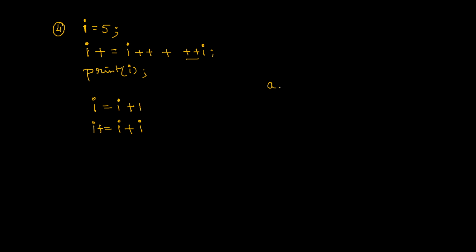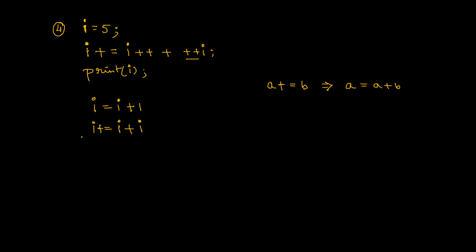Now A plus equal to B plus C. If I say, not B plus C, say B, what does it mean? We know that it means A equal to A plus B, as simple as that, right?